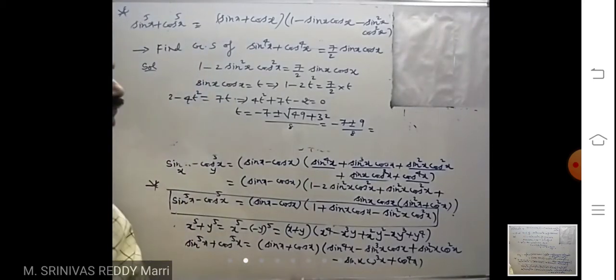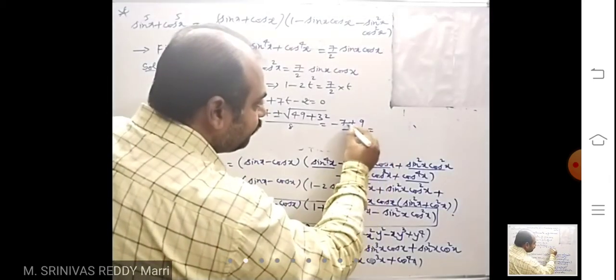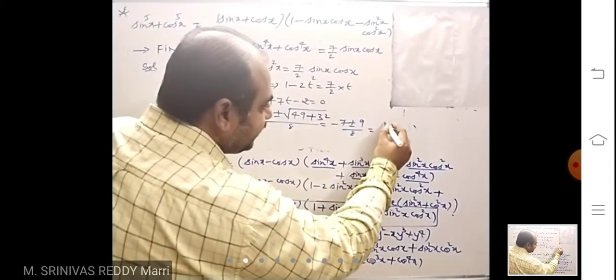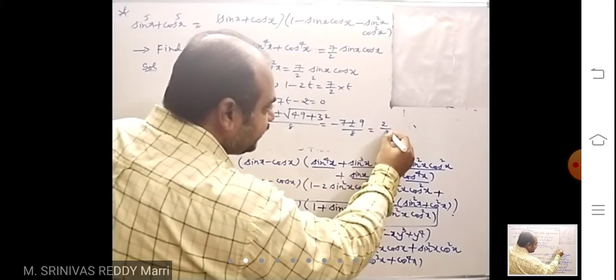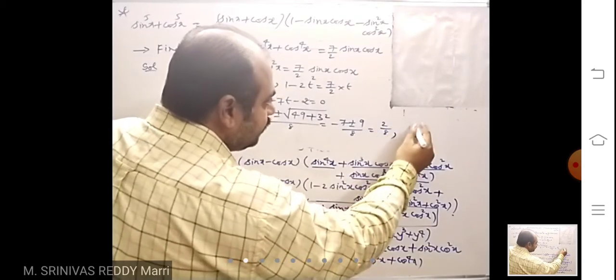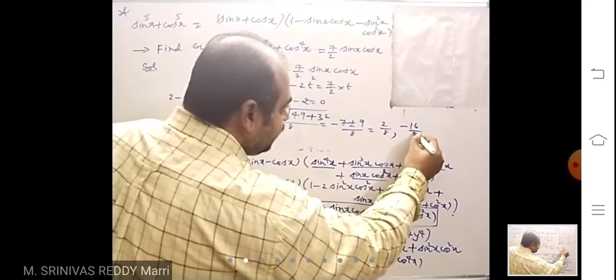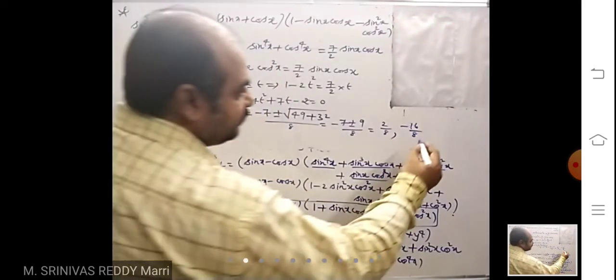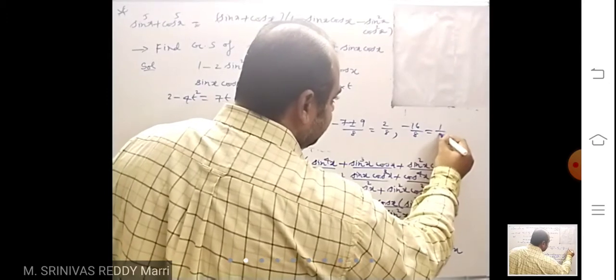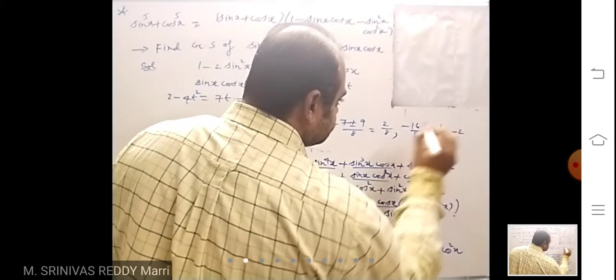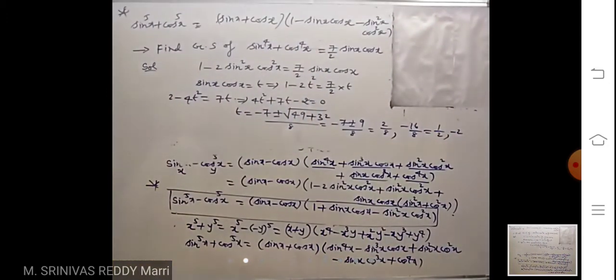If you take plus, minus 7 plus 9 is 2, divided by 8, one value, and then minus 16 divided by 8, one value. That means you will get roots 1 by 4 comma minus 2.